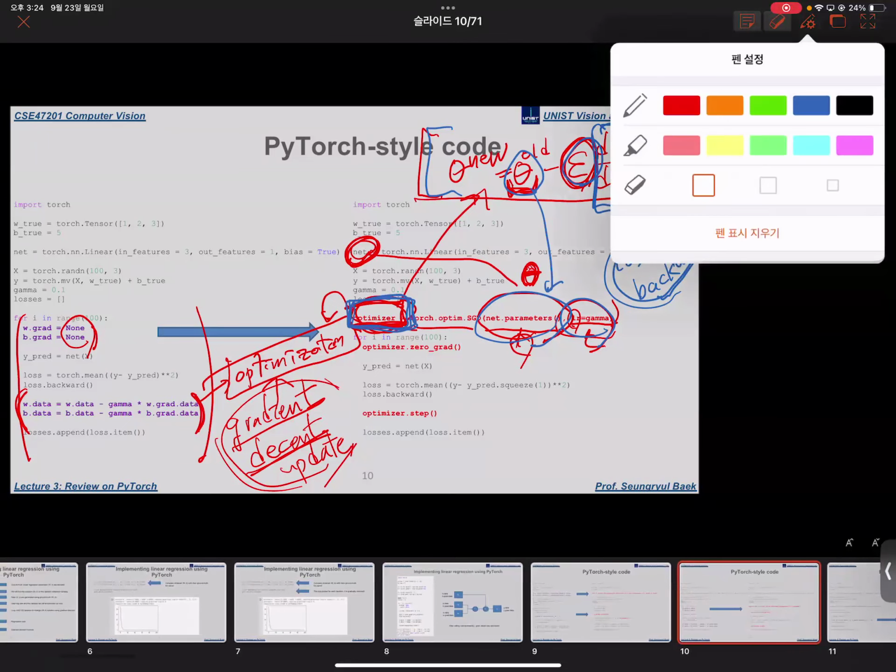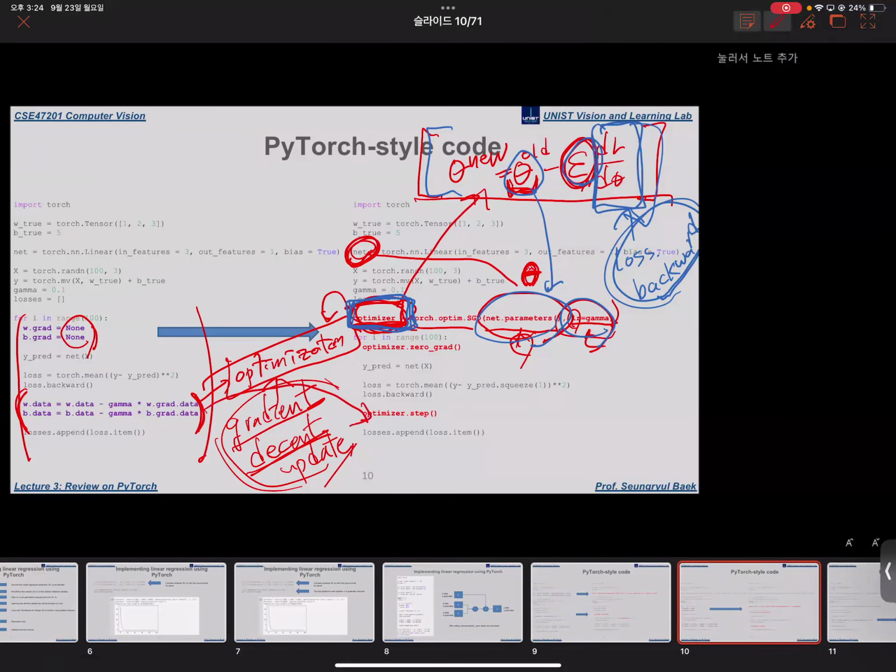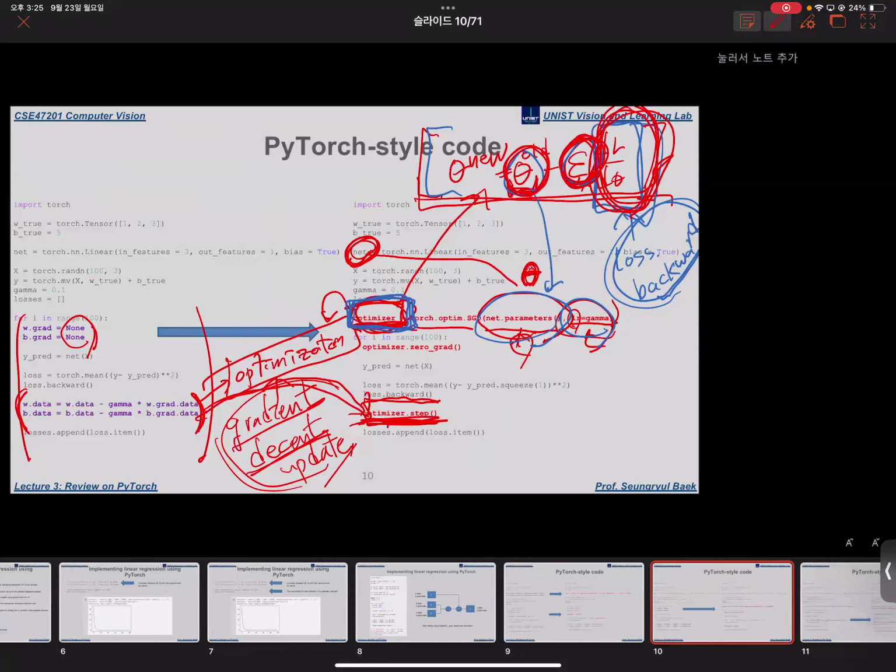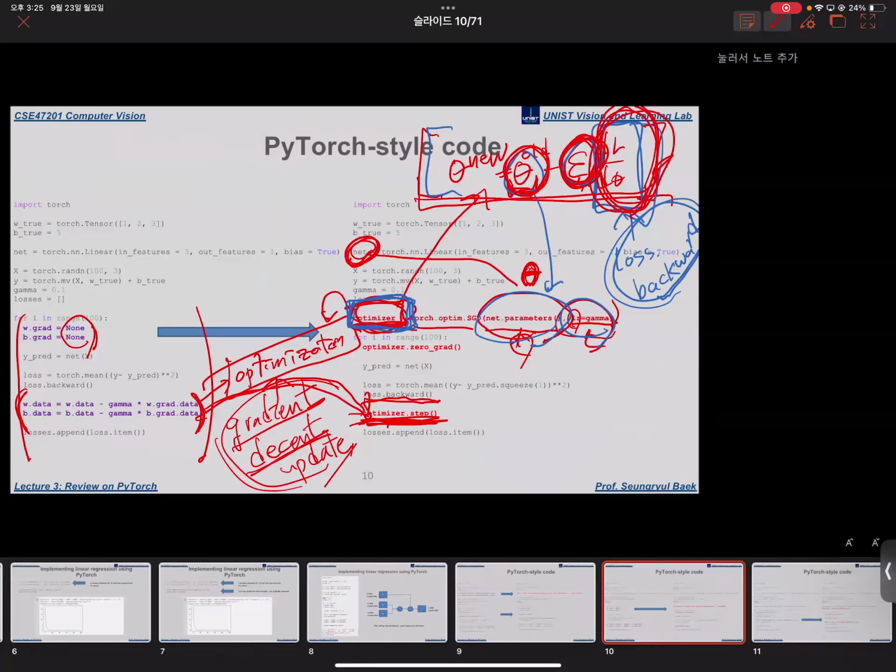I mentioned that this formula is calculated, right? We already calculated dL/dθ by calling loss dot backward, so we now know each term of the necessary values. We have to calculate this once, and that part can be achieved by calling this one line of code, optimizer.step.